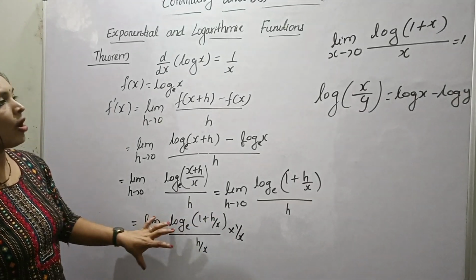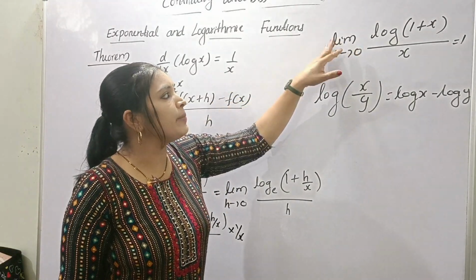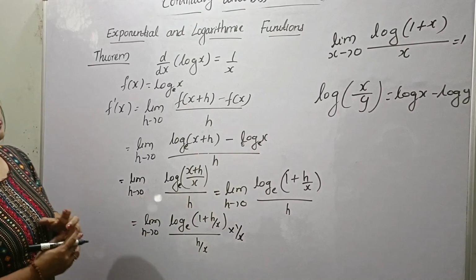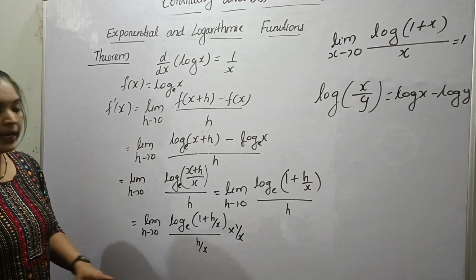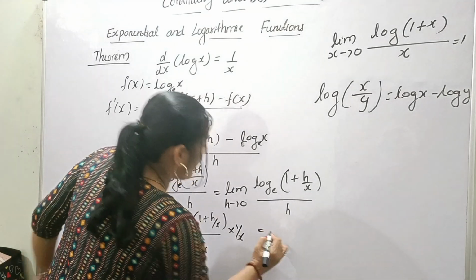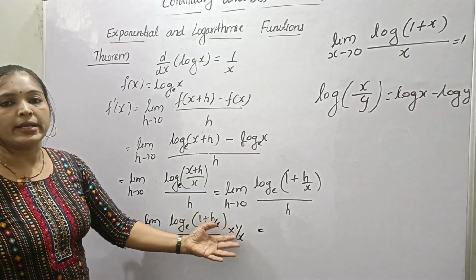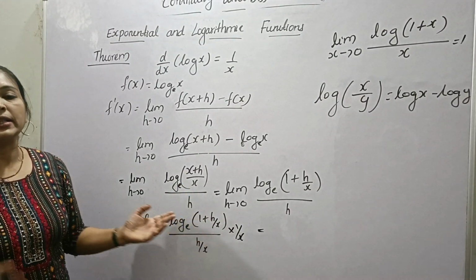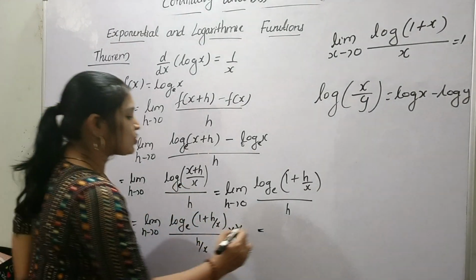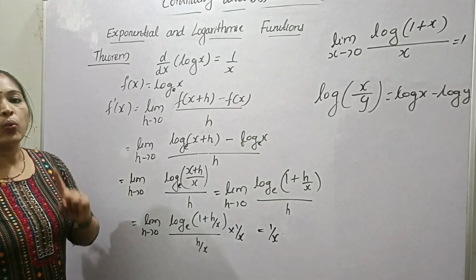Now it is in the form of the limit x tends to 0 of log(1 plus x) divided by x, so we can apply that limit value 1. And 1 by x has no h value, so we can write it directly: 1 by x into this limit, which is nothing but 1.